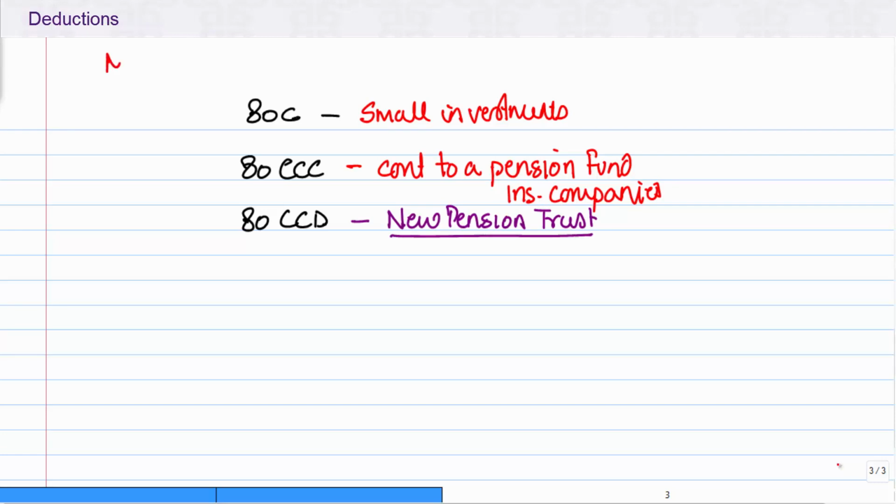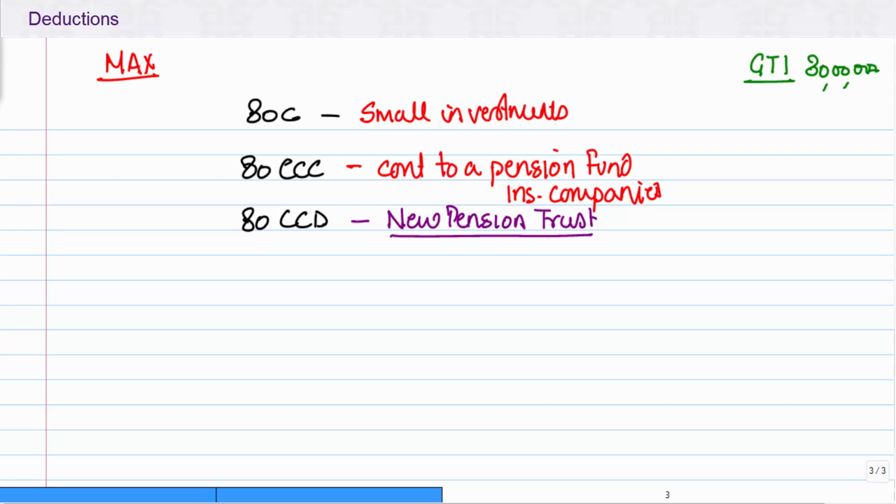But we have to look at the maximum limits. As I said, everything has a rider to it. Everything has conditions to it. Now I can't say if my GTI is, let's say, 80 lakhs and I make an investment for 80 lakhs and I claim all of them as a deduction and my total income becomes nil. That is not possible. So there will be restrictions on the deduction.